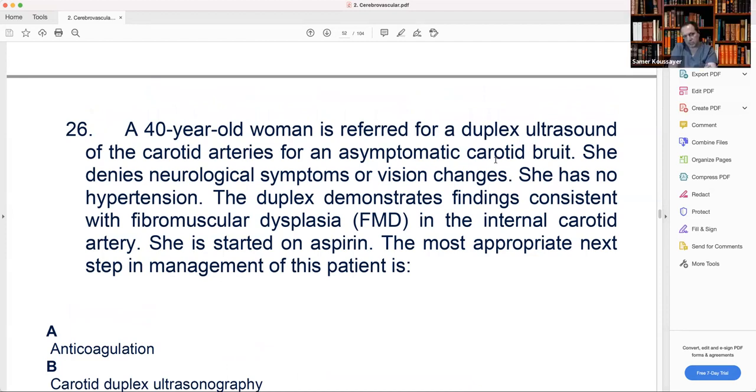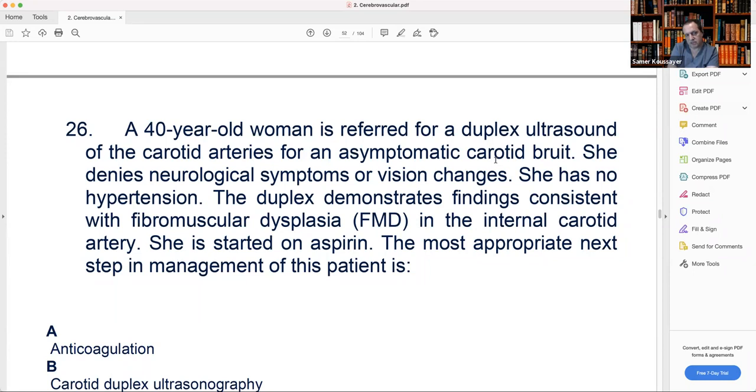Okay, so how do we treat asymptomatic FMD? If you do a CT angiogram and you find the patient has fibromuscular dysplasia, what does the guideline say? Do we treat them? Do we go with the symptoms, the degree of stenosis?